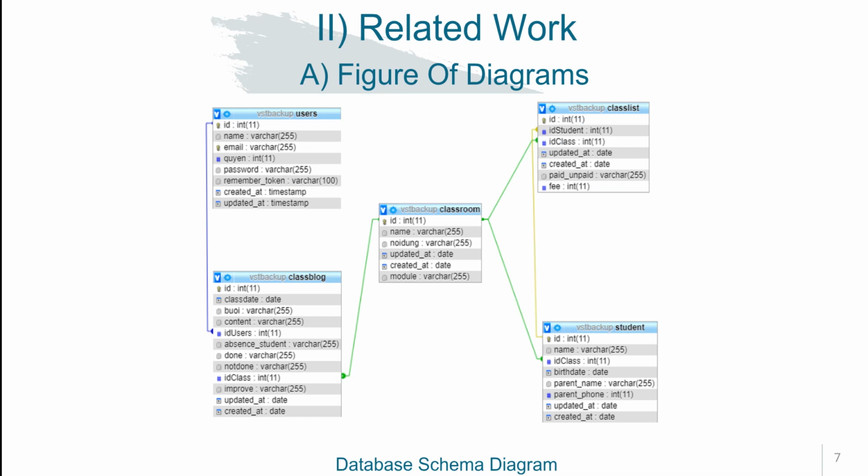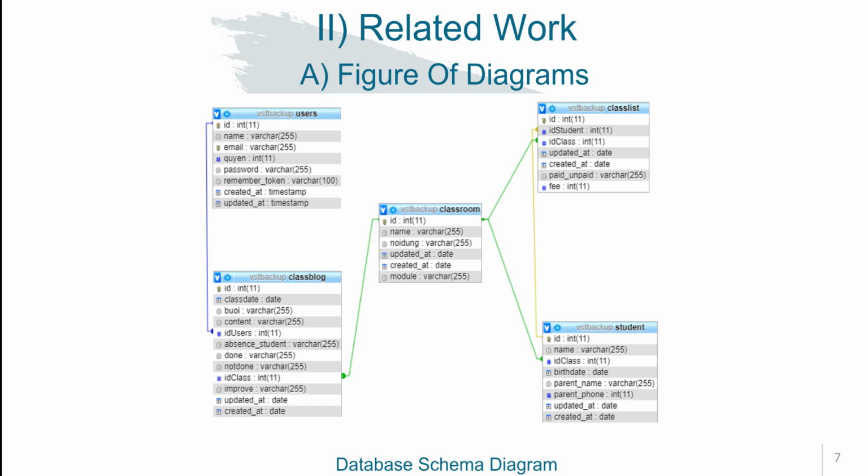I have 5 tables. The first is the user account table, about admin and teacher accounts. The second table is the classroom table. Then the student table, class list, and class block. The class list table is the connection between classroom and student.